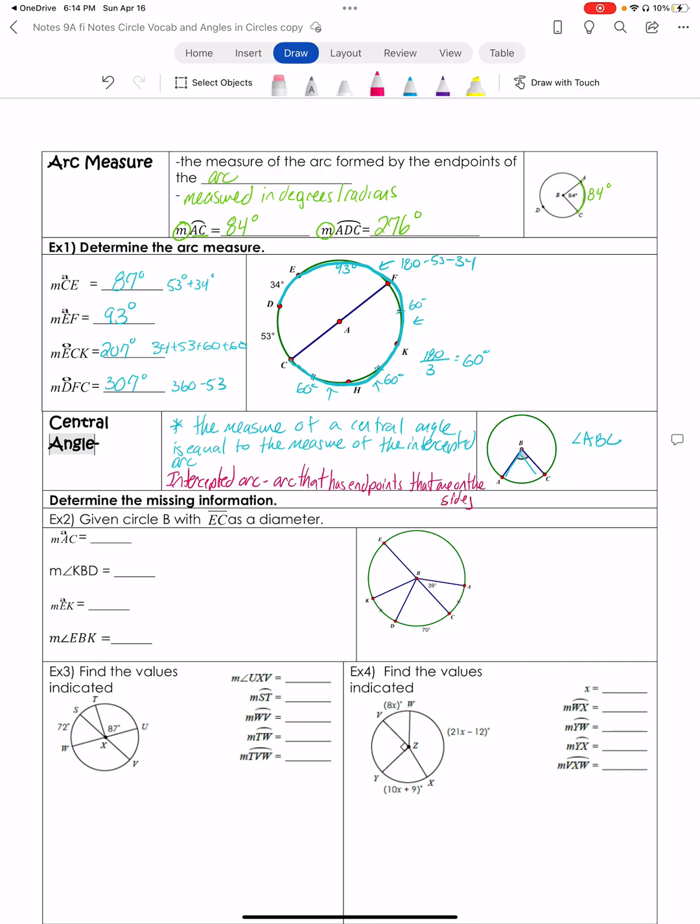Not doing a great job with the descriptor of that. So for this angle right here, angle ABC, arc AC is the intercepted arc of angle ABC. So by definition, the measure of angle ABC is going to be equal to the measure of arc AC. So you can find arc measure from the central angle, which is what it says here. I don't even think you need this intercepted arc thing. Get rid of that. If you wrote it already, that's great.